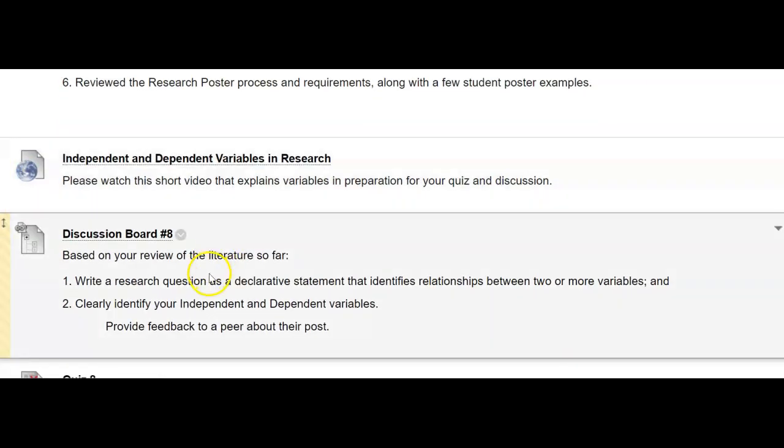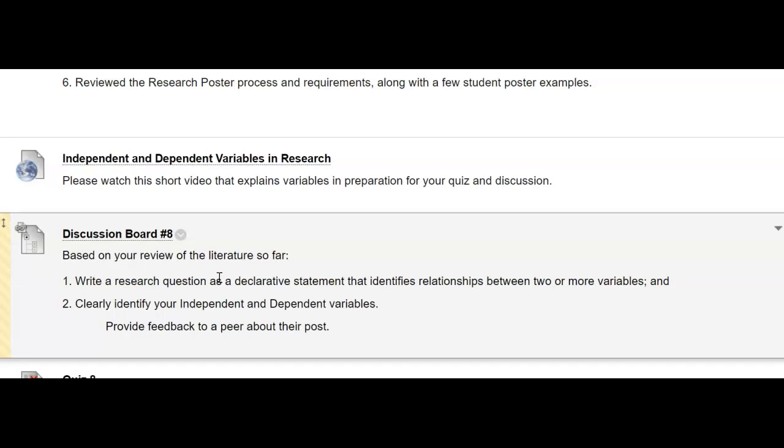Your discussion board 8 is asking you, based on your review of the literature so far, those articles that you've used for your annotated bib in order to answer your PICO question, I want you to write a research question. And this research question is noted in your text, and go back to read about a research question so you know how best to do it.